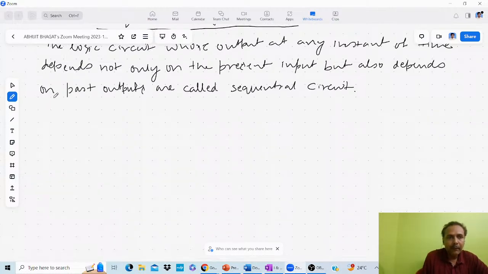The next topic is flip flop. First, we discuss flip flops and latches, and I will start with the flip flop. So what is a flip flop?